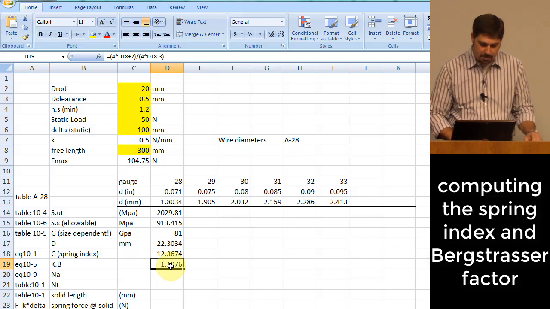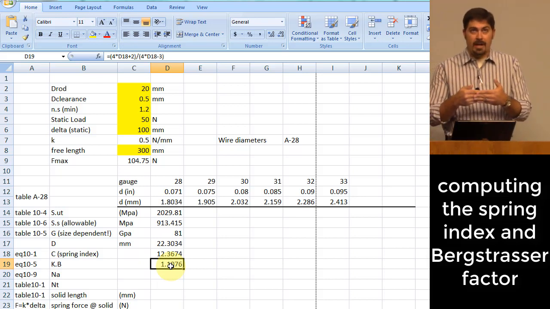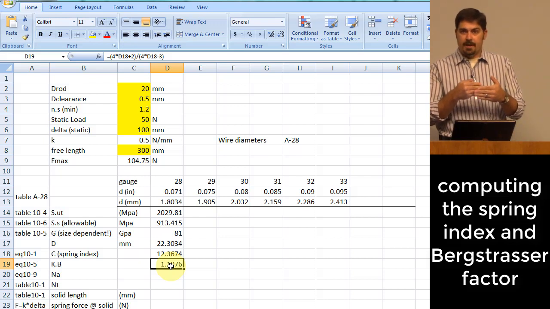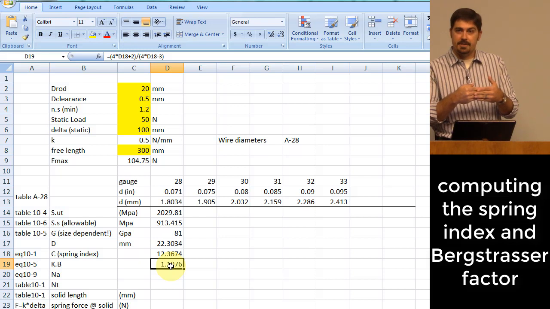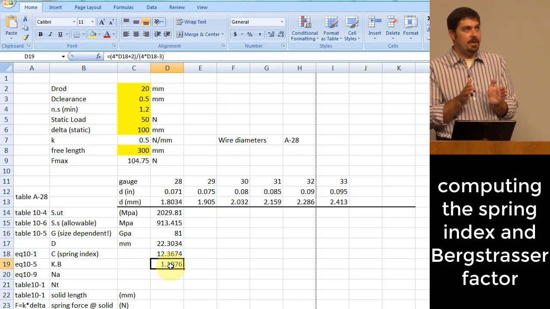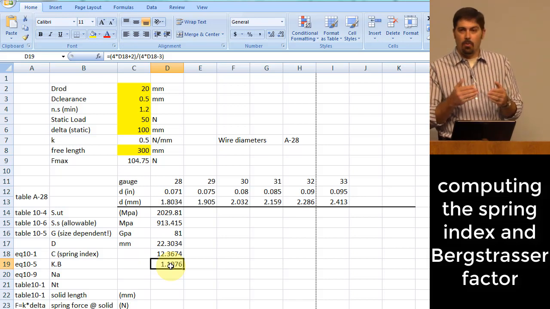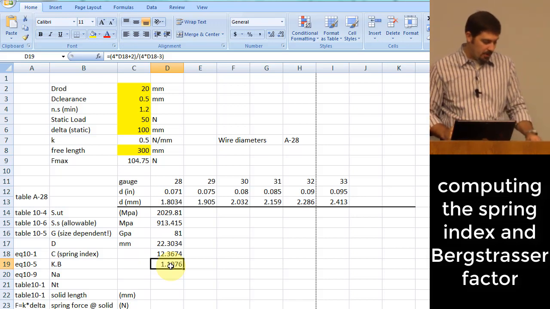Okay, and remember what the Bergstrasser factor does. It accounts for the fact that there's direct shear in the cross-section, and so you need to kind of increase the amount of stress that you predict because of that, as well as there's this other effect that because the wire curves, that creates a stress distribution that's more strong toward the inside of the curve, and you're accounting for that as well with this one factor.